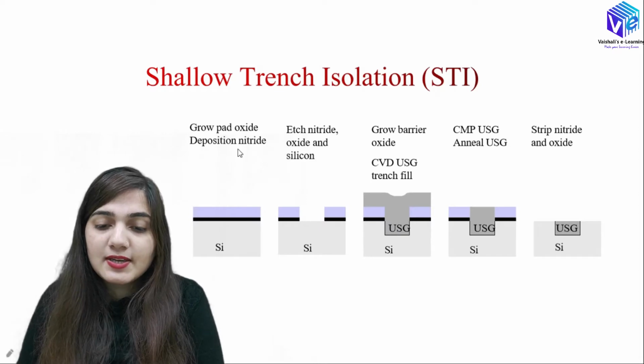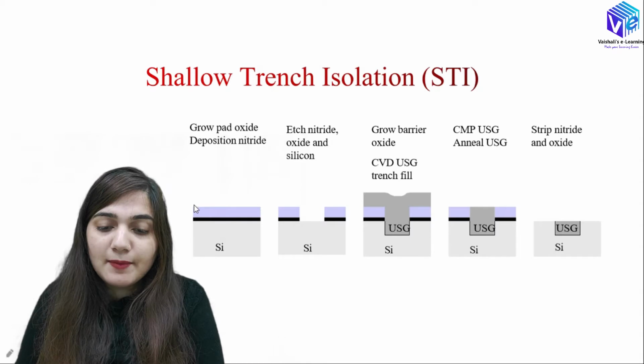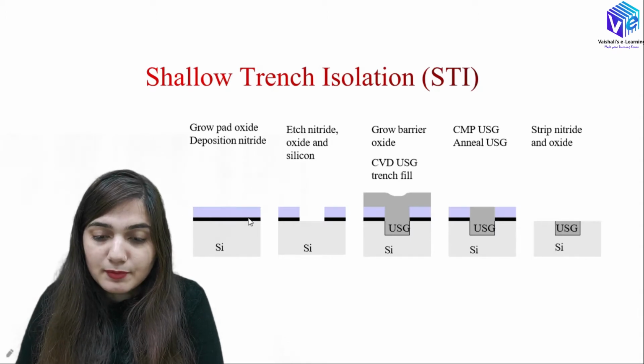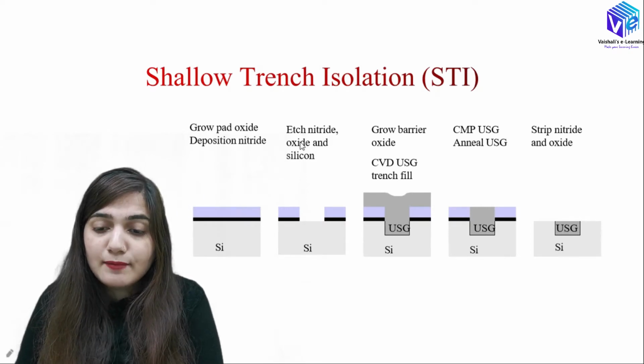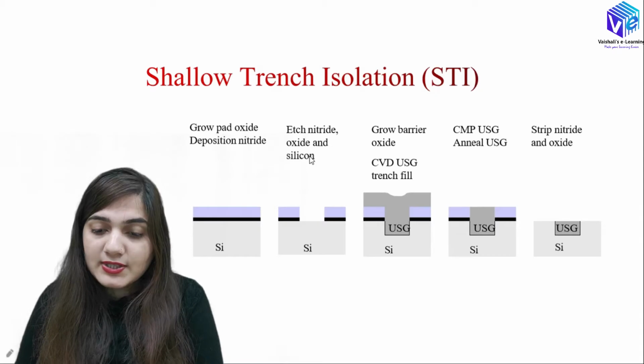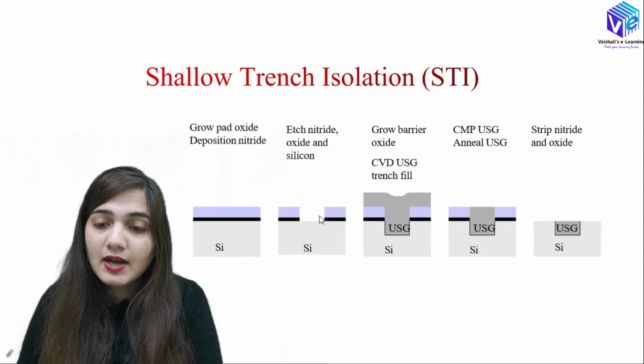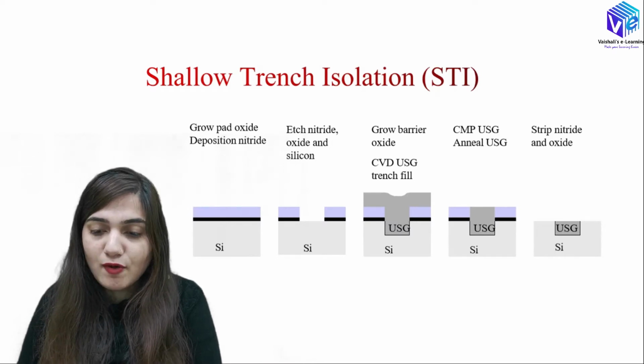There are various steps. First of all I am going to grow a pad oxide, and then the deposition of the nitride would be there. This is the thin pad oxide layer. After that we have the deposition of the nitride layer. Then I am going to etch the nitride, oxide as well as the silicon where I want to deposit the other material for the STI formation.